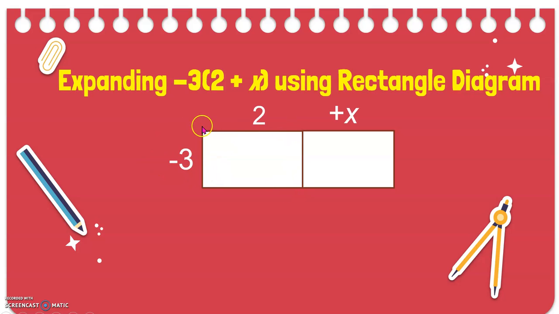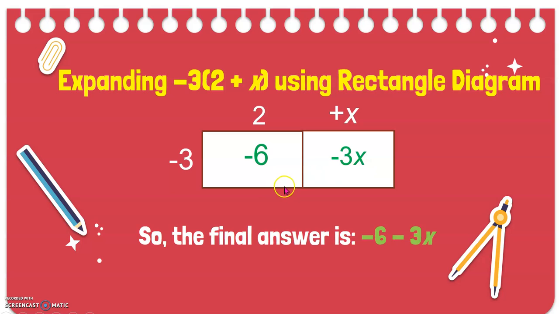For this rectangle, negative 3 times 2 will give me negative 6. For this rectangle, negative 3 times x will give me negative 3x. So this is the final answer, negative 6 minus 3x. So the only difference is that you are multiplying with a negative number. Alright?